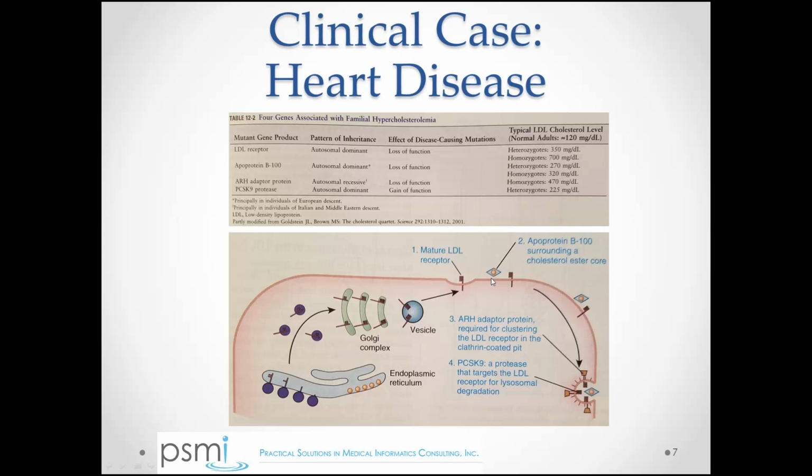The protein surrounding this particular cholesterol ester core, this apolipoprotein B100, can also be mutated. And if it is mutated, it may no longer bind to the LDL receptor. And so we also see that mutations in the apolipoprotein B100 gene can increase the LDL cholesterol level because it interferes with the ability of the LDL particle to bind to the receptor.